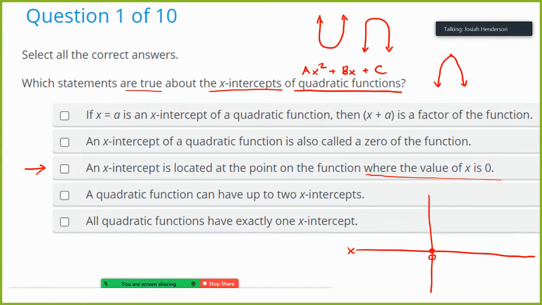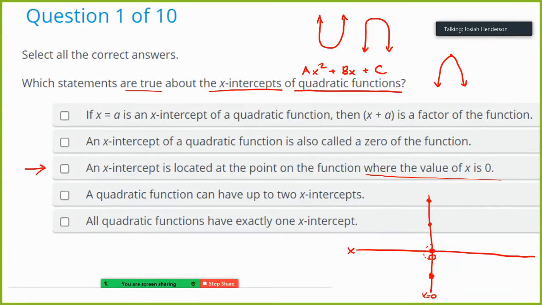That's not true. This is a point where x is 0, this is a point where x is 0. Everything on this line, the y-axis, is when x is 0. So statement 3 is out. We can eliminate it because it's not true for sure that all x-intercepts have to be on this line.